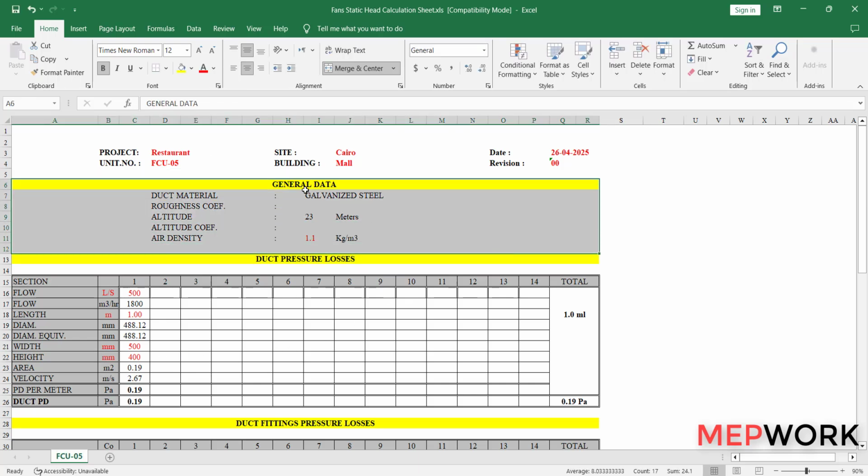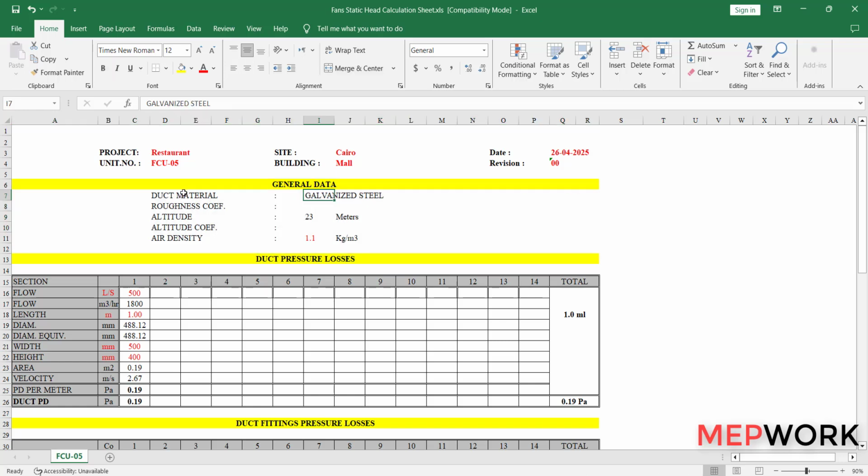This part is the general data. It contains duct material, which in our example will be galvanized steel. Also the roughness coefficient, the altitude coefficient, and the air density, which will be used in our calculation.